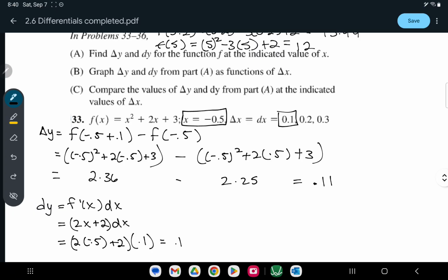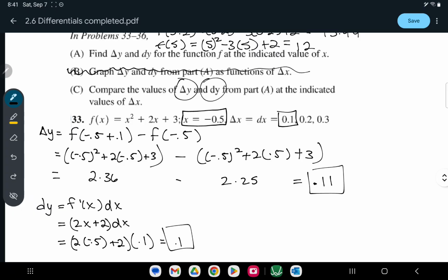Part B says to graph them. And you can plot all the points if you want to, but I don't think we need to see what it looks like. And part C says to compare your actual and your approximate. So okay, my actual is 0.11 and my approximate is 0.1. You see how much fewer steps doing the differential was than to do the actual?